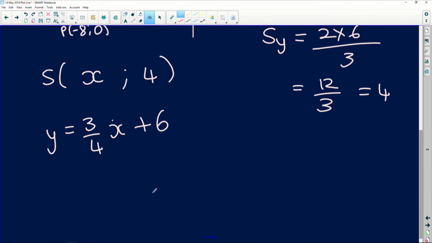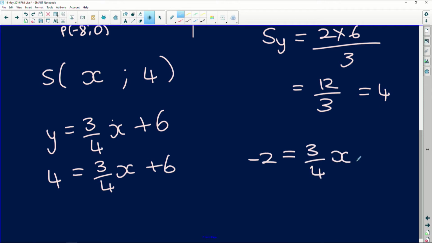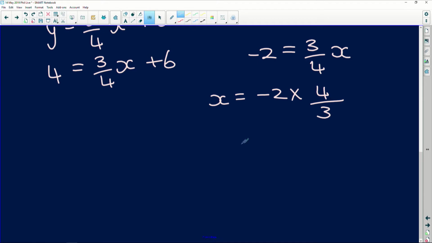Oh, yes. So we know that the y value is 4. It's equal to 3/4 of the x we're trying to solve, plus 6. If we isolate x, we get -2 is equal to 3/4 of x, which means that x is equal to -2 times the fraction flipped, because we're dividing by it. And that gives us -8/3.